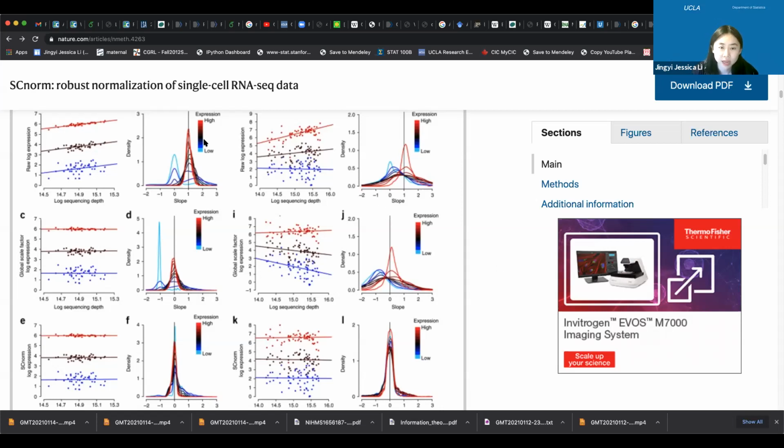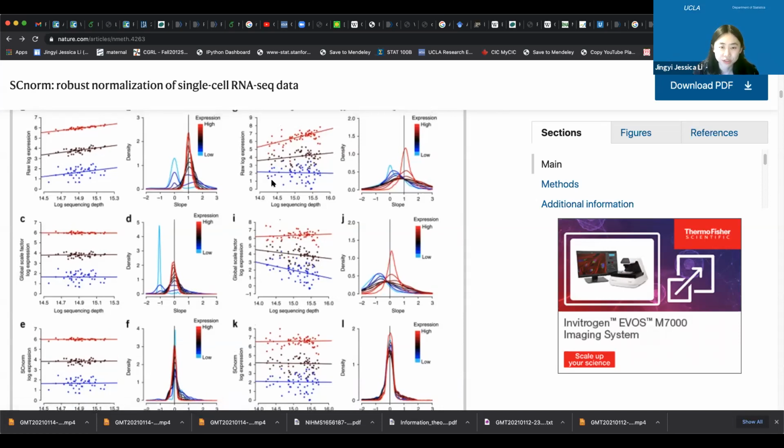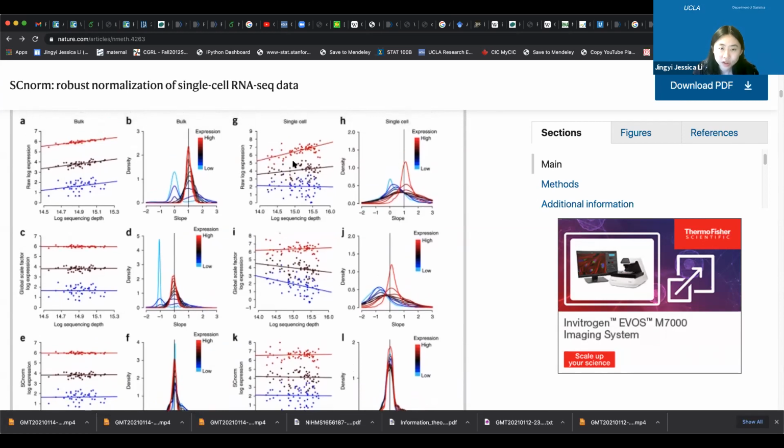In this paper, they use a very interesting idea to do normalization. Let's look at this figure. Here, they group genes into three groups, but it's probably easier to think of them as three genes.